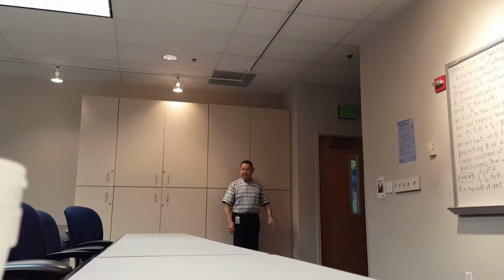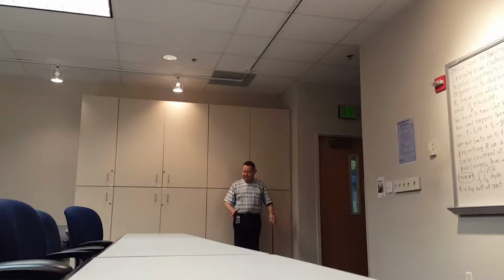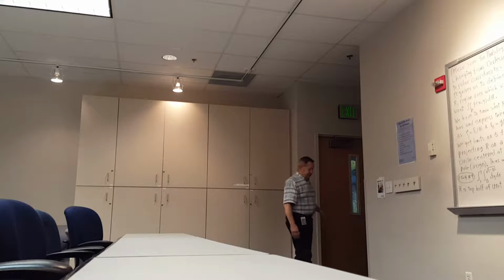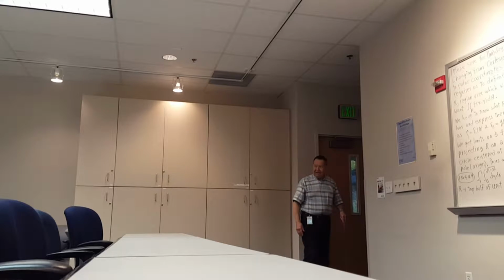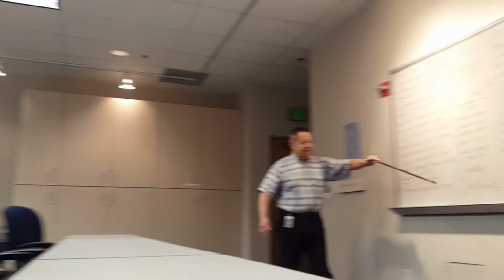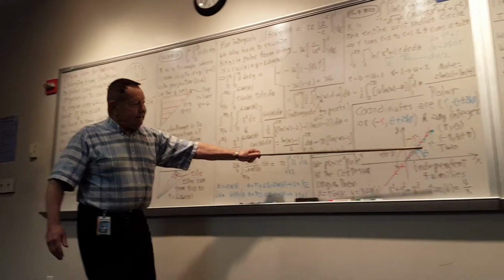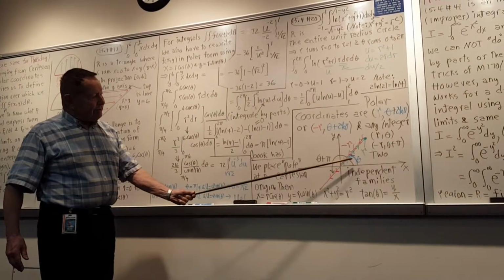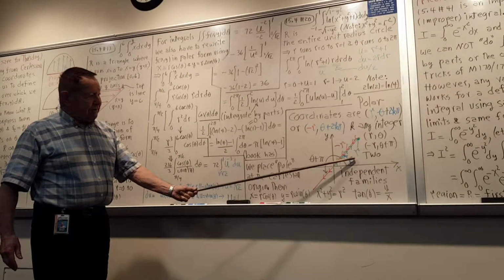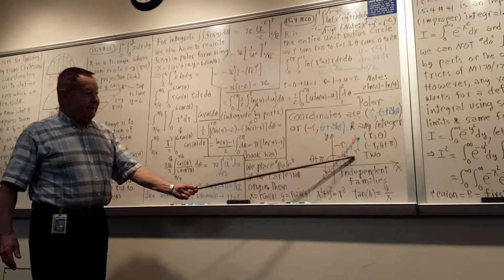And suppose I was going to the point over here that would be 1 and 1 in XY coordinates, so a 45-degree angle. I turn through the angle first, and then I walk toward it the right number of steps to get to that point. So I'm here and I turn through theta, which would be pi over 4.